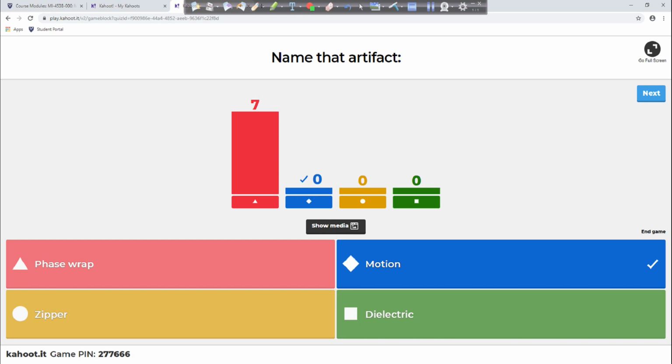Nobody got it right. Motion of the head. Phase mismapping, ghosting.